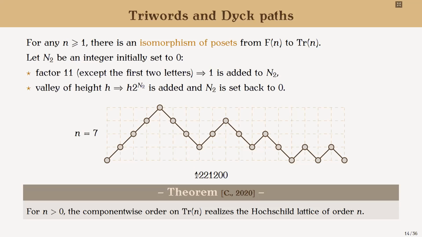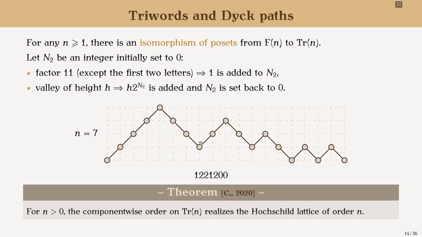So we add 1 to our triword, and we make two letters 2 because of the counter 2, saying that we have to repeat the letter 2 N2 times. Then we reset our counter N2 to 0, and we start again.